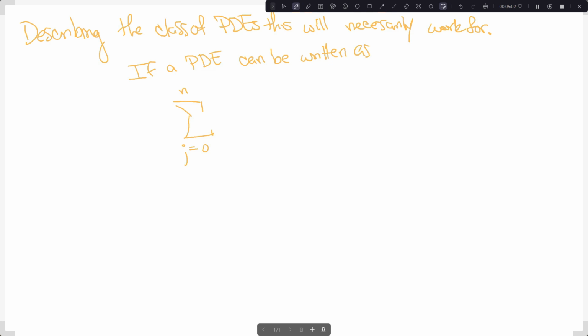So it's a sum of some functions, I'm going to index them by j, of x against the derivatives in x. And if that's equal to a sum of functions of t and derivatives of t.